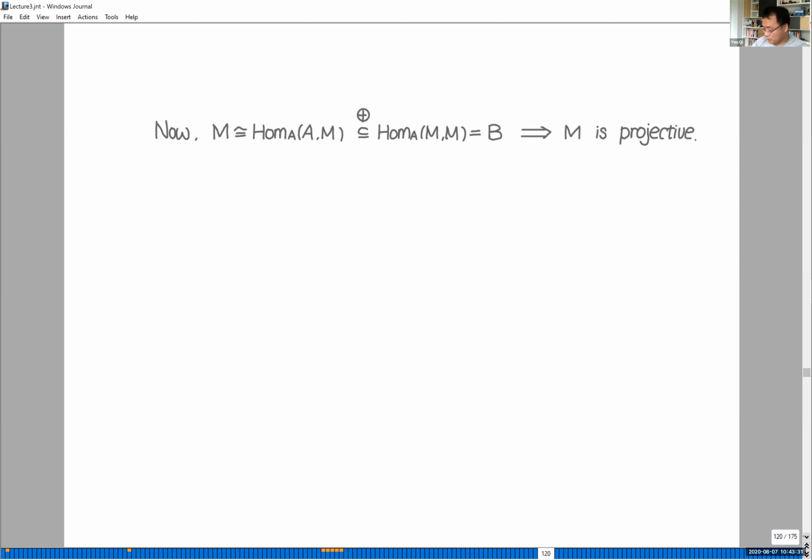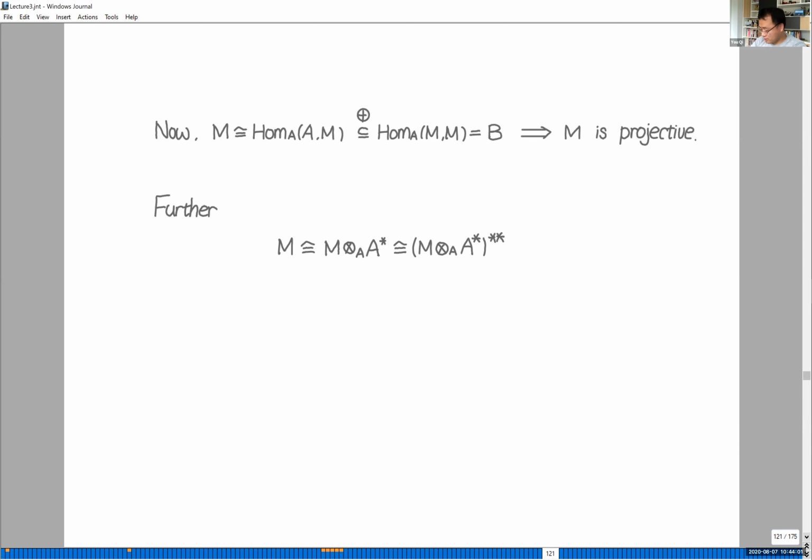Therefore, M is projective. Now to see that it's injective, we use a little bit of the tensor-Hom adjunction trick. Because A is a symmetric Frobenius algebra, A is isomorphic to its dual A star. So M is isomorphic to M tensor A dual, and taking a double dual over vector spaces doesn't do any harm, so let's take the double dual of the vector space.